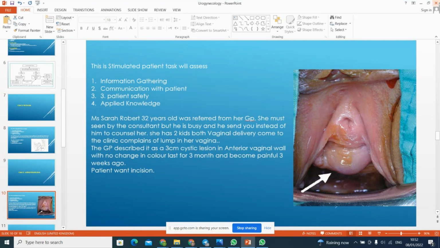The diagnosis here is diverticulum. The result of the examination is diverticulum, urethral diverticulum. It's a pouch. This one we will need to do some treatment. You have infections.